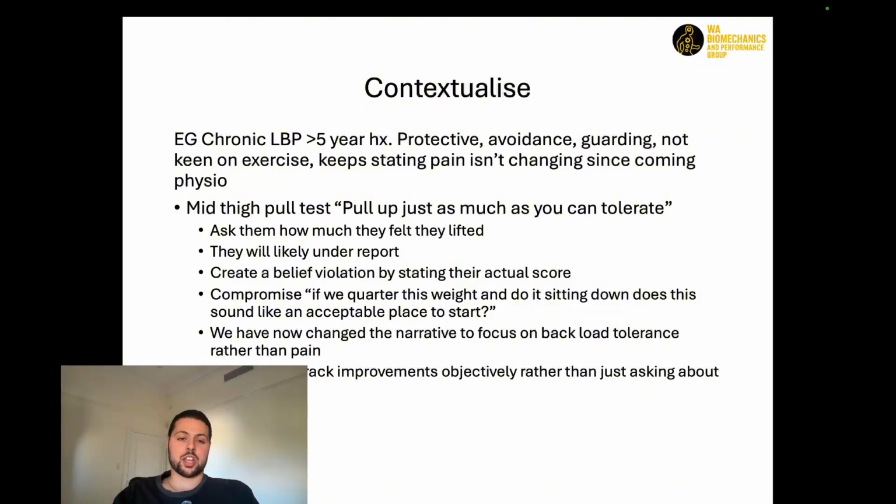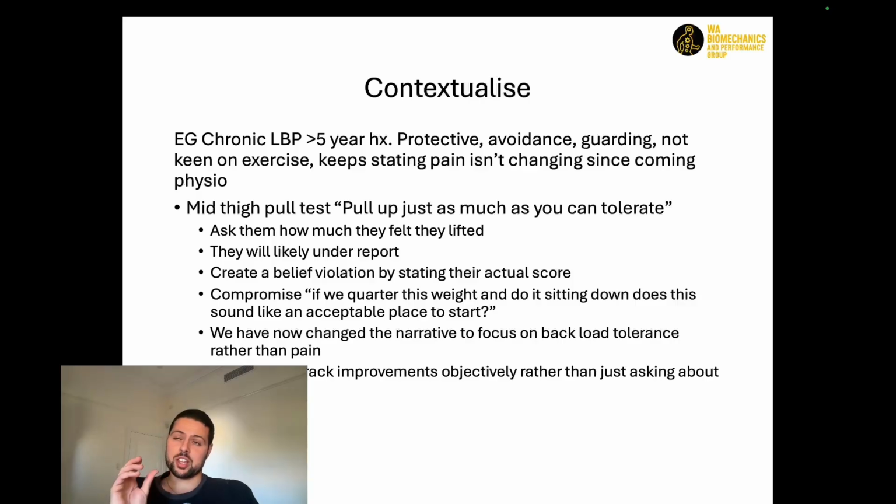And I often will say, how much do you feel like you just lifted? Often, because these guys tend to have poor confidence and self-efficacy, they likely underreport what they're lifting. So this is a great time to create a belief violation by stating their actual score, violating their expectations and their beliefs about how strong their back is.